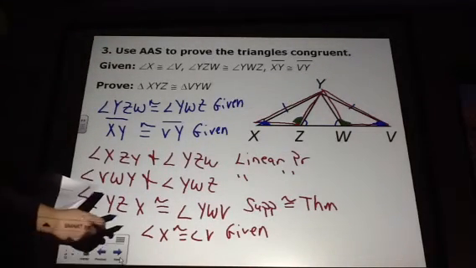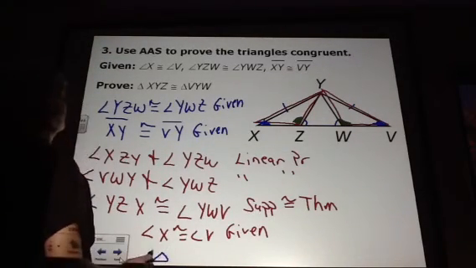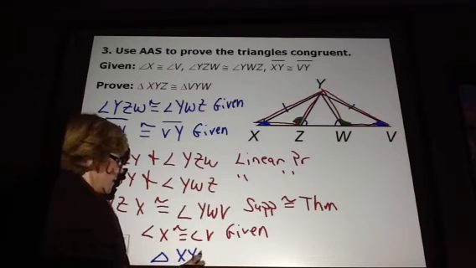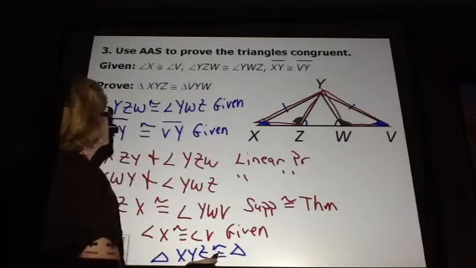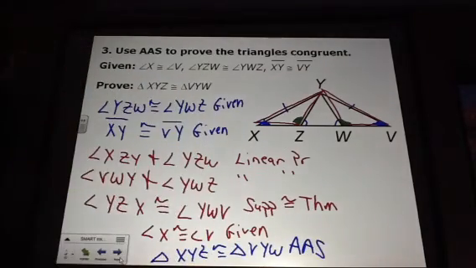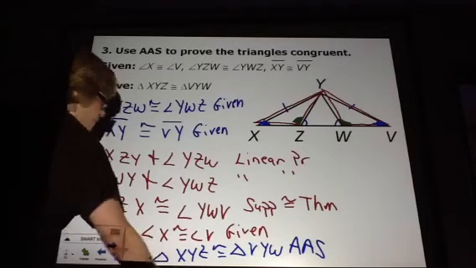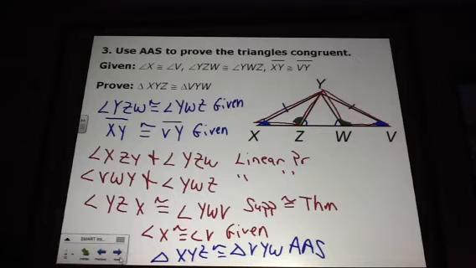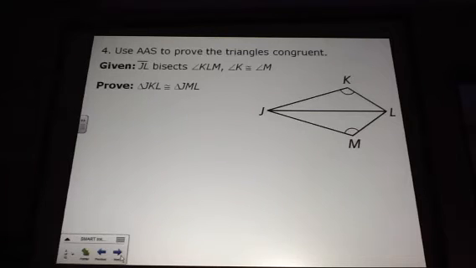So triangle XYZ is congruent to triangle VYW because of angle-angle-side. All right, last one. I'm going to be quiet, see if y'all can do this one on your own.